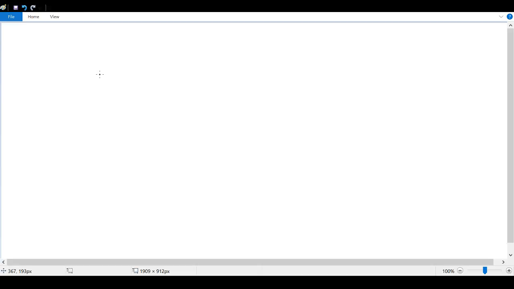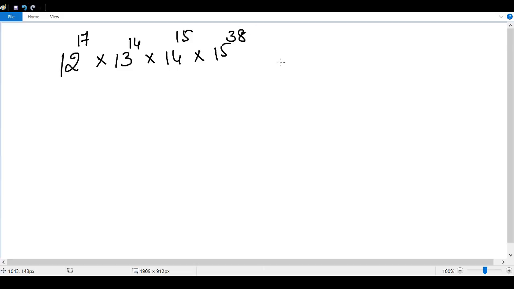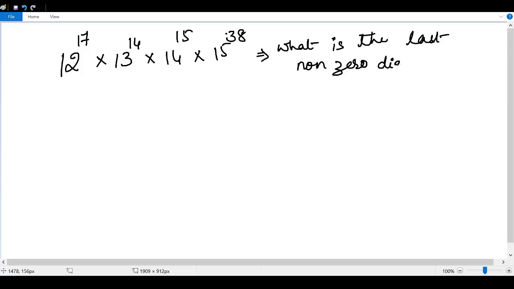Now the next question is this. 12 power 17 into 13 power 14 into 14 power 15 into 15 power 30. The question is, what is the last non-zero digit? You all have 5 minutes.